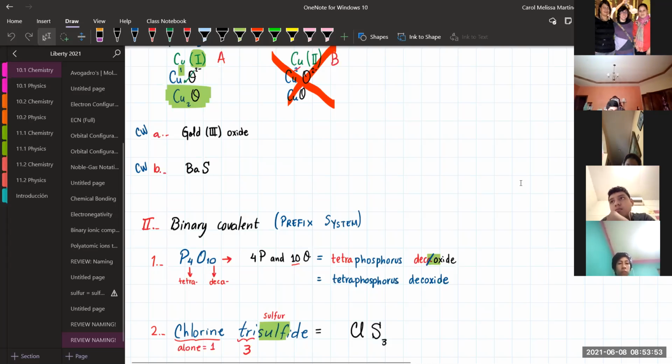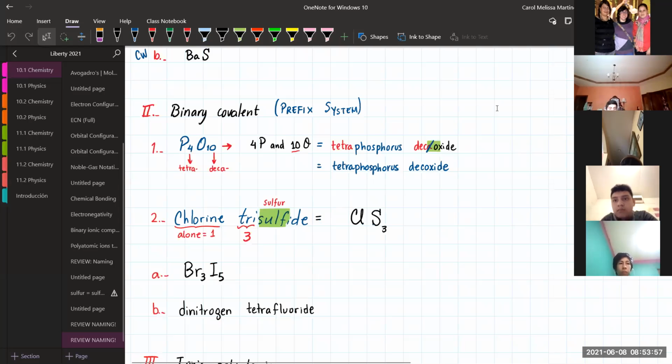Now, in your notebook, work on these two exercises.